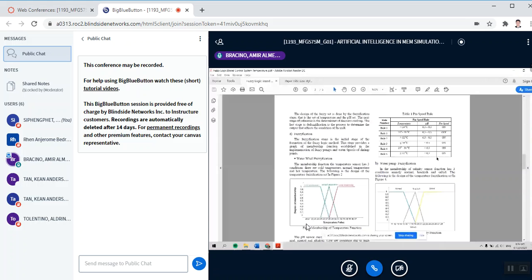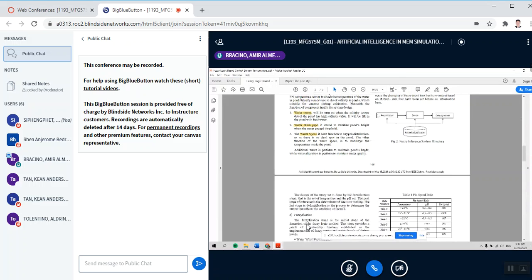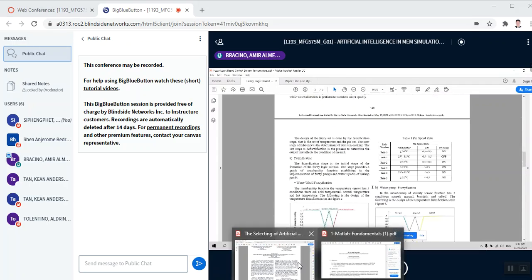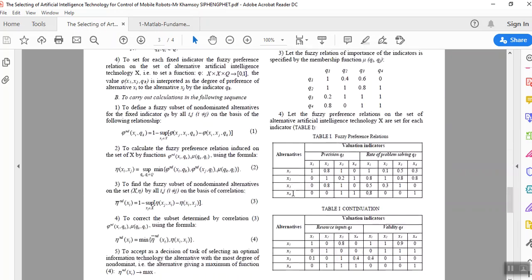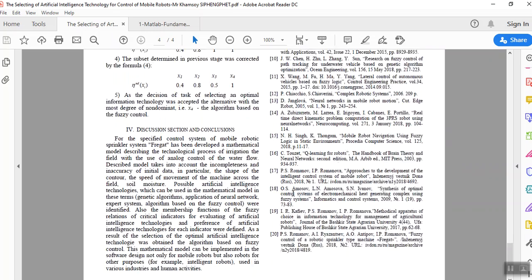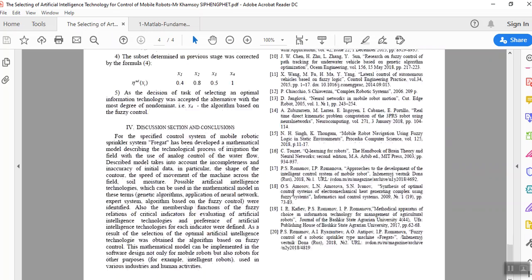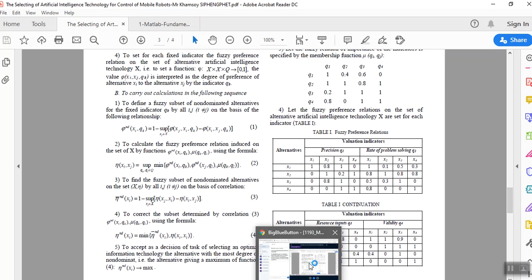They have used fuzzy logic, so they have undergone three steps: fuzzification, then the inference engine, and then defuzzification. For fuzzy logic, I have not taken it yet, but what I know is that they are using linguistic values in order to define the system.